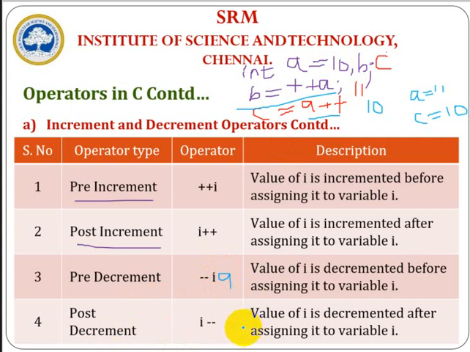For the post-decrementation, the 10 itself you will get as an output. If you are holding it in the same variable, you will get the decrementation after performance. When you are holding it in another variable, you can see the reflection.